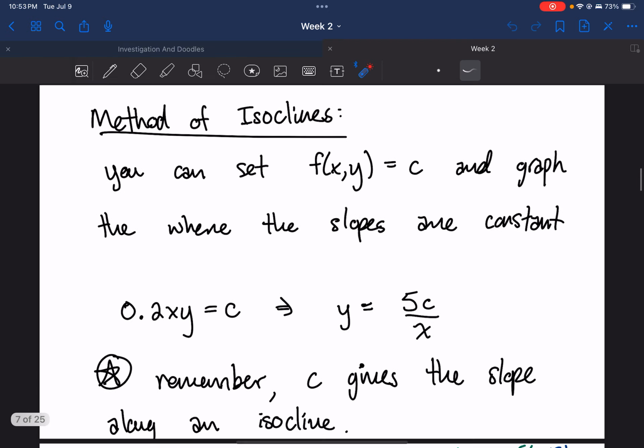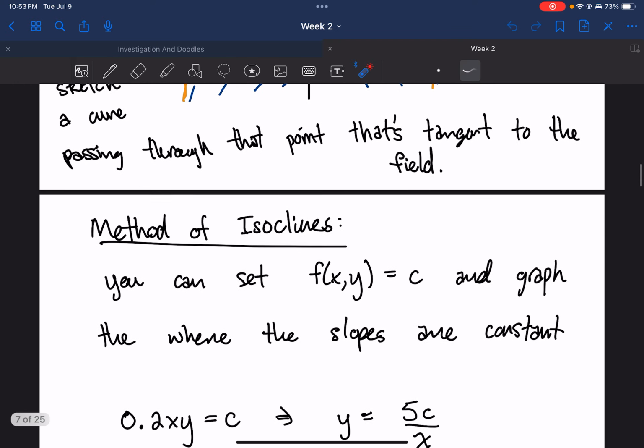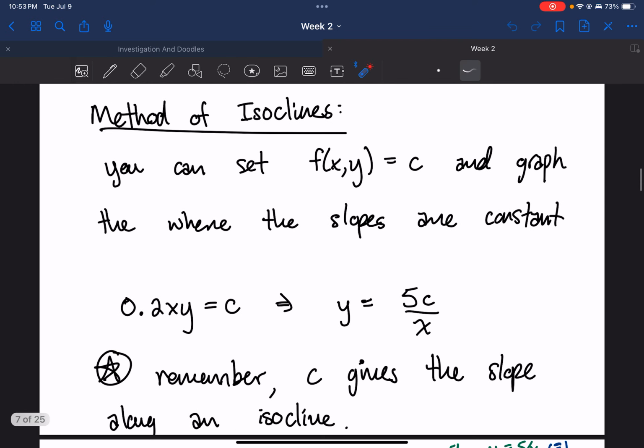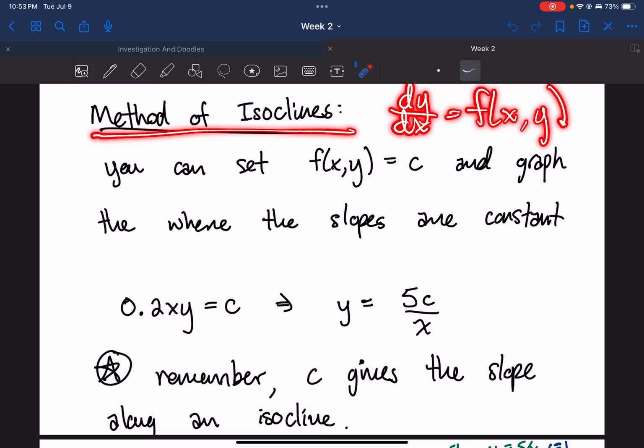Here's a similar method. Same setup, right? We've got dy dx equals f of x and y. That's our differential equation. And instead of picking points at random and drawing little line segments, you can do what's called the method of isoclines.